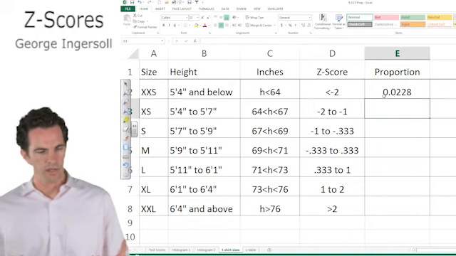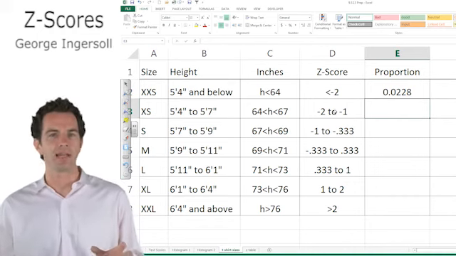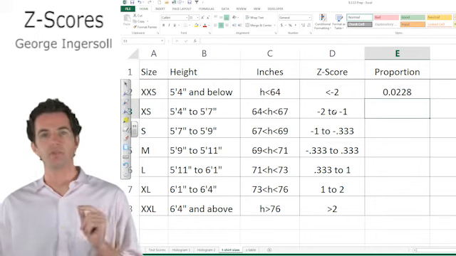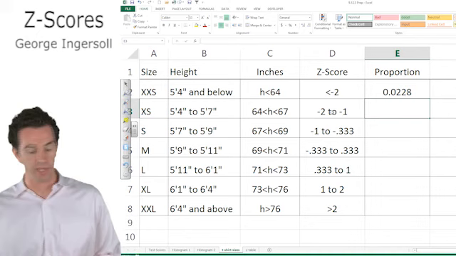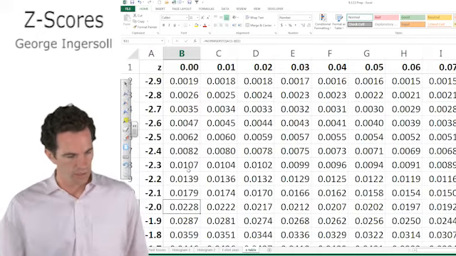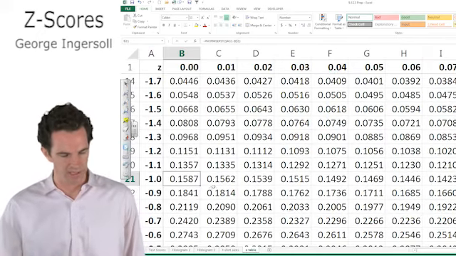All right, now for the extra smalls, we're going to be starting at 0.0228, and we're going to go from there up to -1 standard deviation. So let's look up -1 standard deviation first. -1 standard deviation is 0.1587.